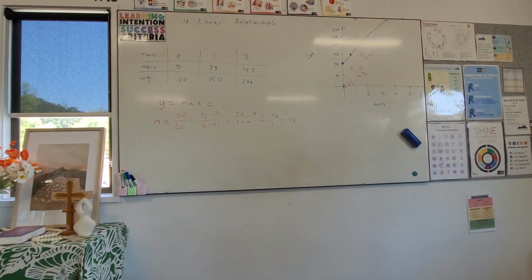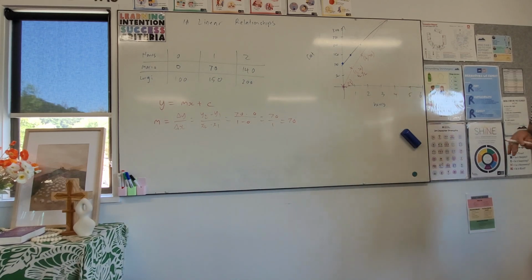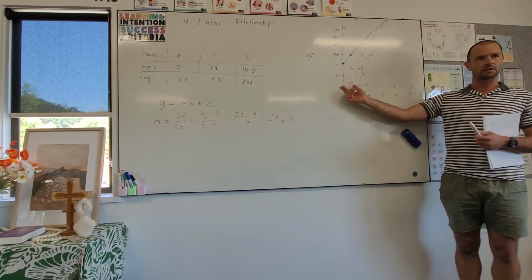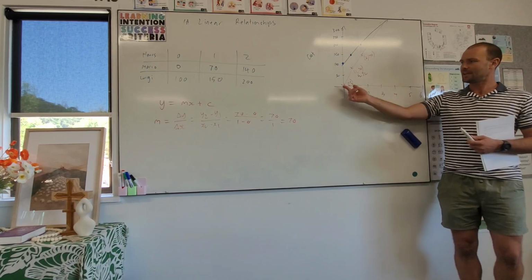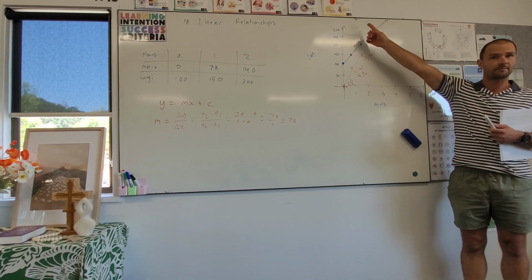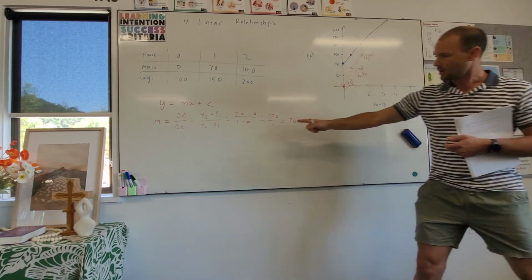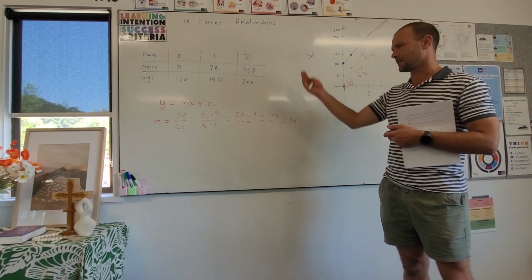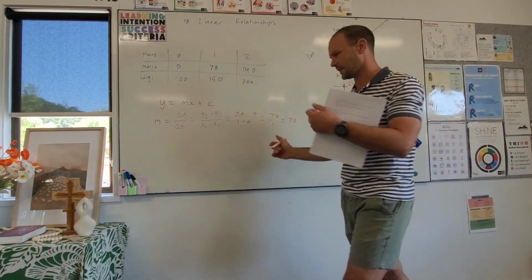Now this is of course what we expect. This makes sense in the context of the problem. Mario charges $70 per hour. For each 1 hour we go across, the cost goes up 70. Mario has a slope of 70.